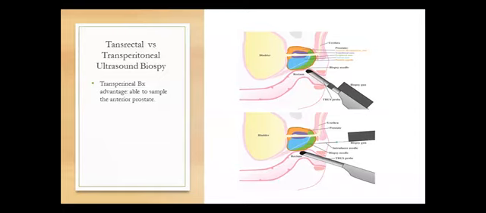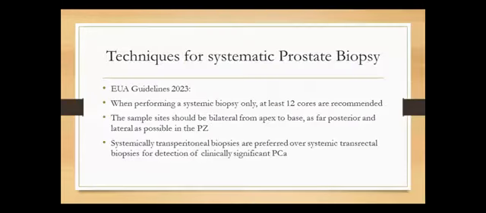I just wanted to give us an idea, because we already know, but it's good to always see how it's done, as we are going to talk about infections later on. Of note is that when you do the transperineal biopsy, there is a higher chance of getting anterior lesions as compared to transrectal biopsy, which is why it's come into favor now. One of the reasons, apart from the lower infection rates, of course.